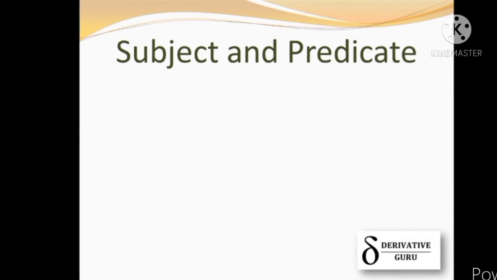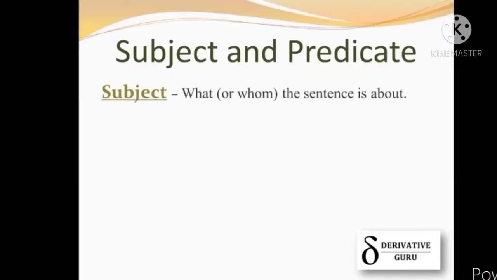So a sentence is formed by a group of words put together properly so that it has some meaning. You need to understand that every sentence is divided into two parts. One is the subject and the other is the predicate. So what are these two parts? Let us try to understand.